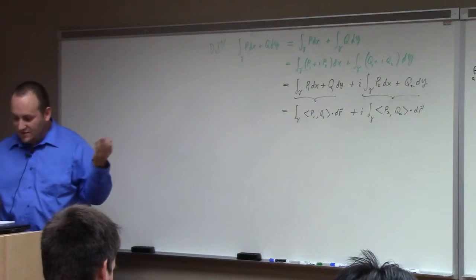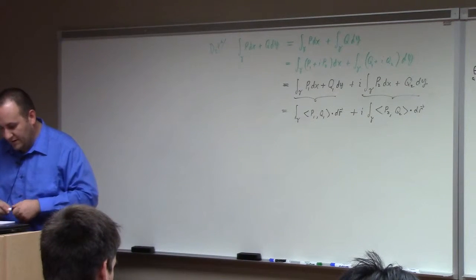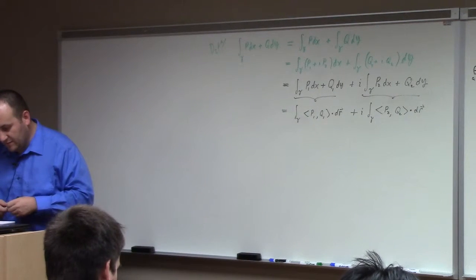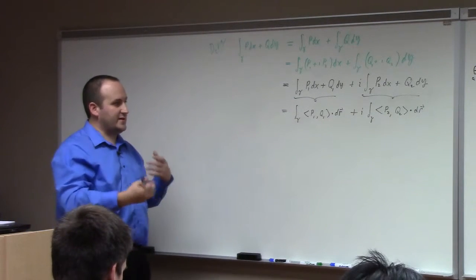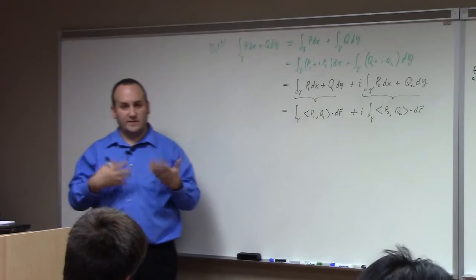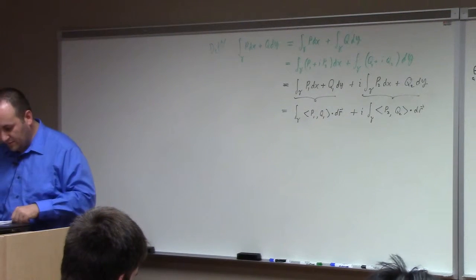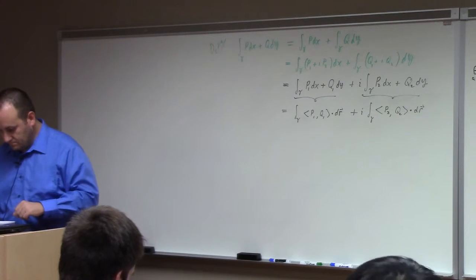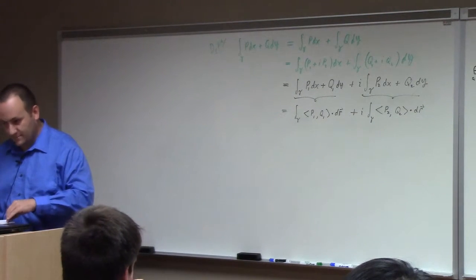I don't know why you would, but you could. So a typical complex line integral has a little bit more information than a corresponding line integral in the real context, because it's got two real line integrals in there at once, with the imaginary and real components to play with. Okay, all right.